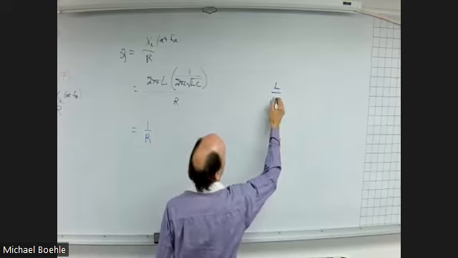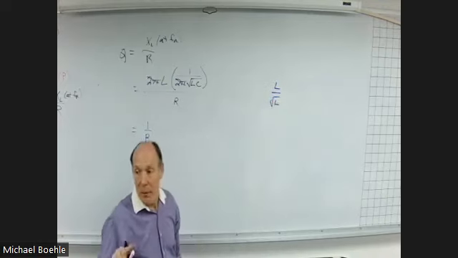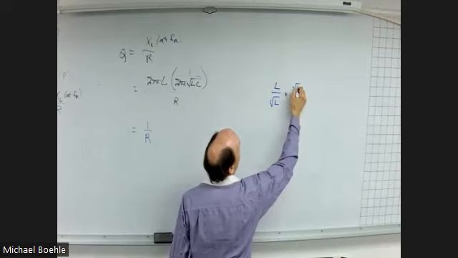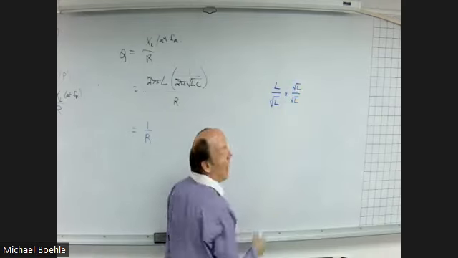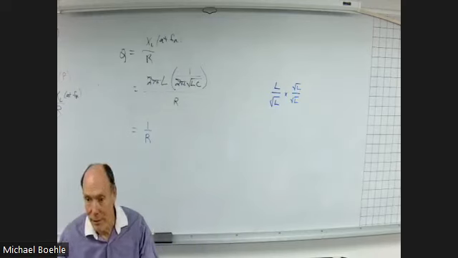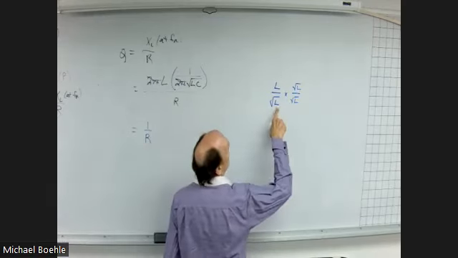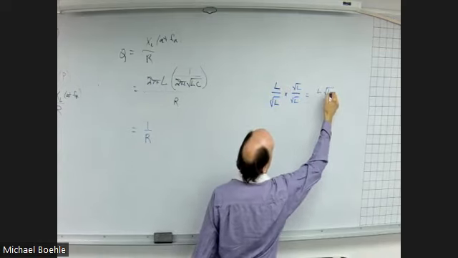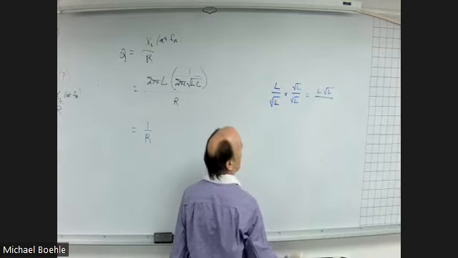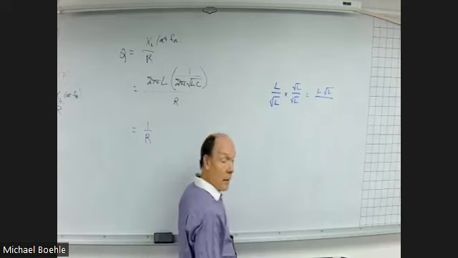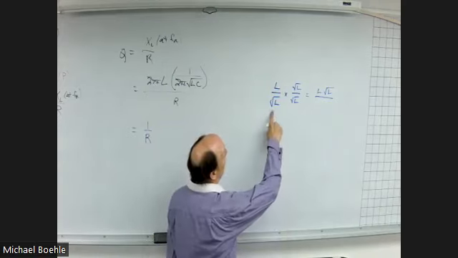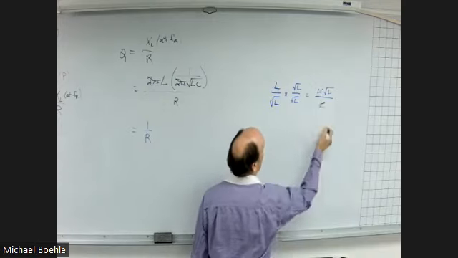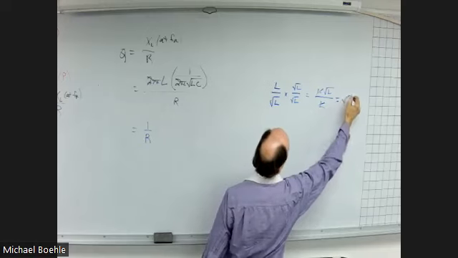L divided by the square root of L. I'm going to multiply both sides by the square root of L divided by the square root of L. That's 1. So this gives me L times the square root of L. What do I get on the bottom? What's the square root of L times the square root of L? L. Oh, L cancels out. It is just equal to the square root of L.